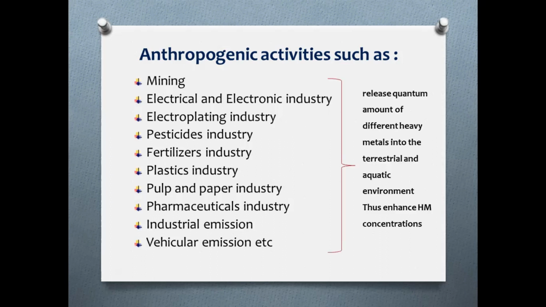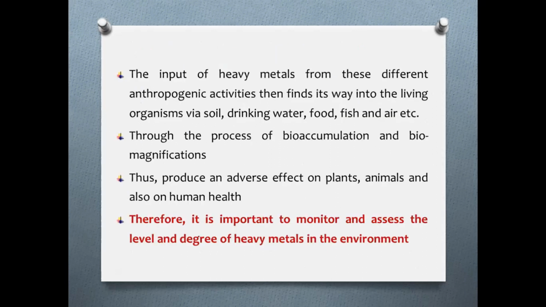These activities are known to release a huge amount of various pollutants, including heavy metals, into the different components of the terrestrial as well as aquatic environment, thus resulting in the exponential rise of heavy metals level in the environment.